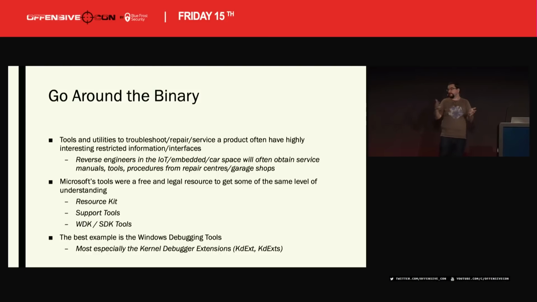And many people, this might be obvious to you, which is great, but many people don't think, hey, let me reverse engineer the plugin for the debugger that knows how to dump the data structure to actually figure out what the data structure looks like. So you have to look outside of the binary sometimes, look around it, reverse other things than just the kernel itself.